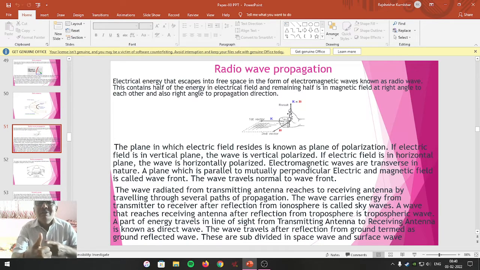Friends, this is the direction of the resultant, that is the propagation direction of the radio wave containing electric field as well as magnetic field. This is the direction of electric field, whereas this is the direction of magnetic field.